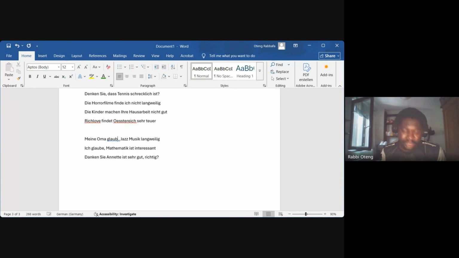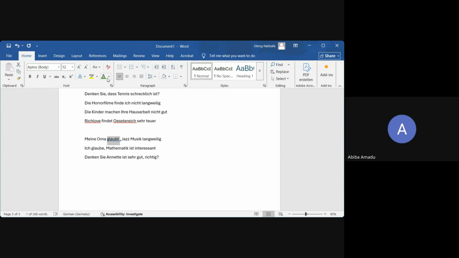So I will say sie glaubt, from glauben. We use the stem, the root, which is glaub. We add our t automatically for er, sie, es: t. So ich glaube, du glaubst, sie, er, es glaubt. Okay, are you listening? Yeah, I'm here.